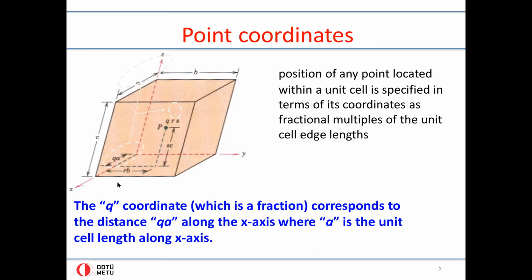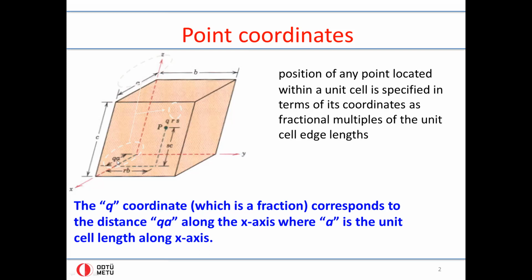lengths. And hence, for the point P chosen here, we have the coordinates Q, R, and S, and the value of Q defines as a fraction how far you are from the origin along the x-axis length.